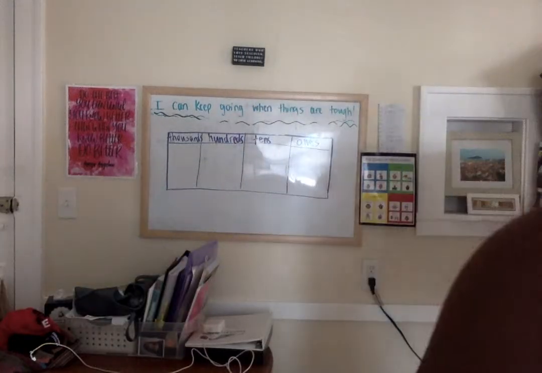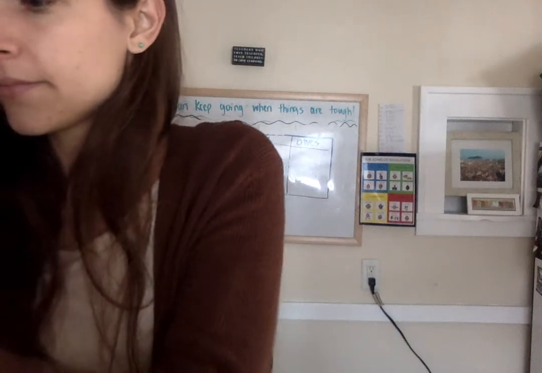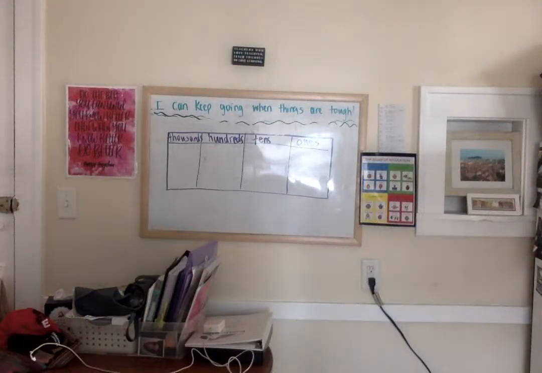Now we're going to use our base 10 blocks to build the number 5. Use your base 10 blocks to build just the number 5. Okay, do you have 5? Whoop, I just dropped a 1. Okay. Building the number 5.